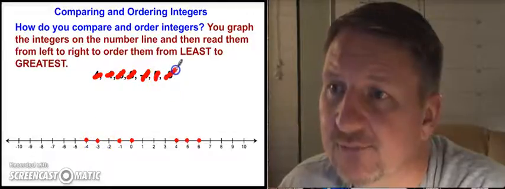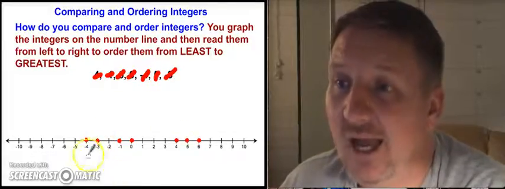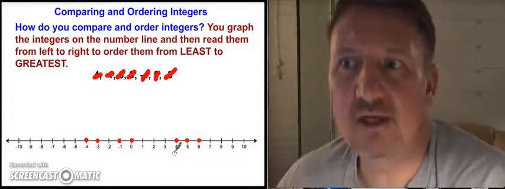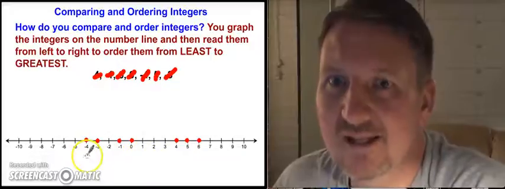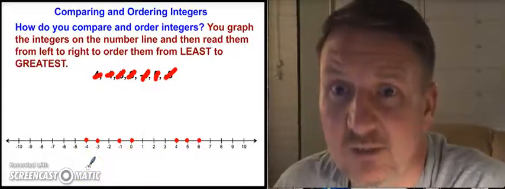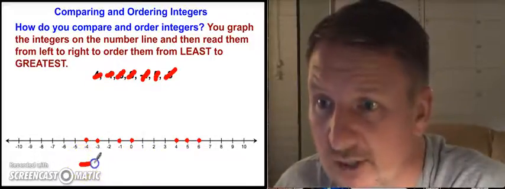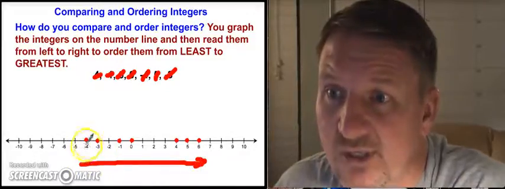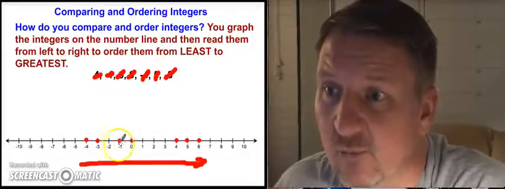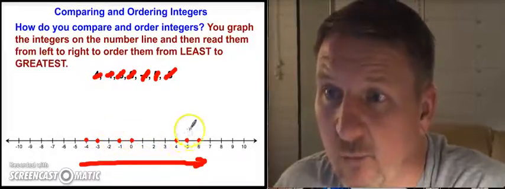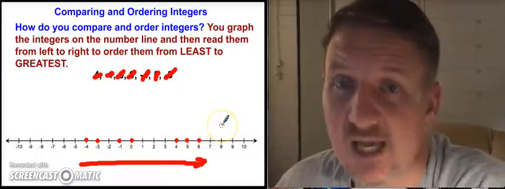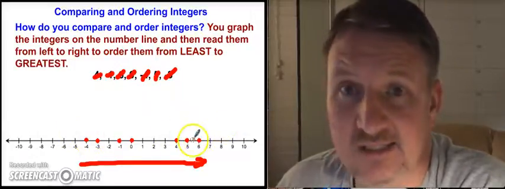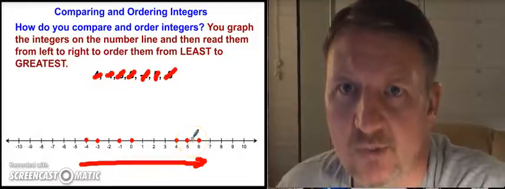All right. So now I have them on the number line, and the number line itself allows me to say that they're in order, from least to greatest if I go from left to right. If I read these numbers out, -4, -3, -1, 0, 4, 5, and 6, I know without a doubt that -4 is the smallest number and 6 is the largest number, because they're on the number line.